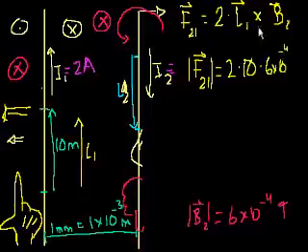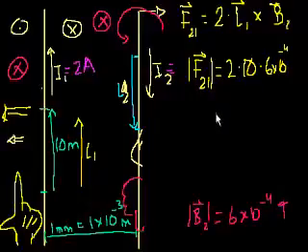And then when you take the cross product, you take the sine of the theta between these 2 vectors. But they're perpendicular. The magnetic field is going into the page, while the length vector of the wire is going along the page, so they are perpendicular. So the sine of theta just comes out to be 1. When things are perpendicular, you don't even have to worry about that sine theta. You can almost just multiply the terms and then use your right hand rule for the direction.